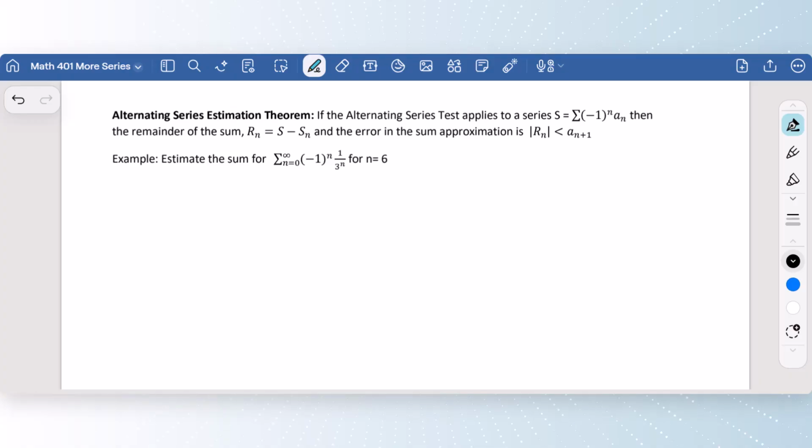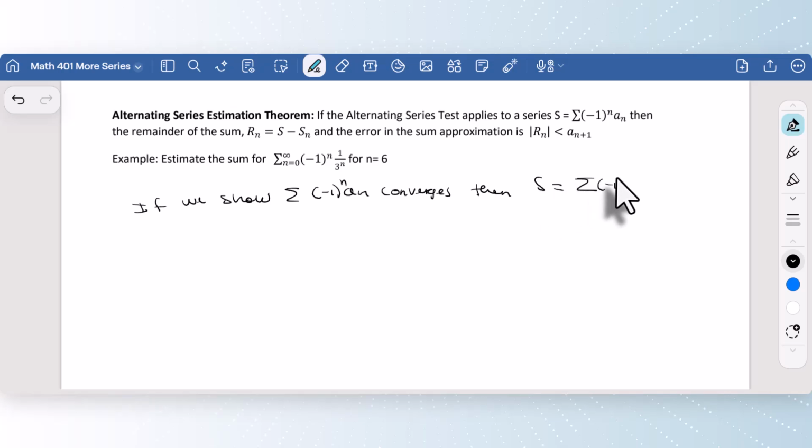So what this says essentially, if we show that the series converges, to converge means it has a sum, then S is equal to that sum. And so when we have an approximation, the whole sum is essentially the approximation.